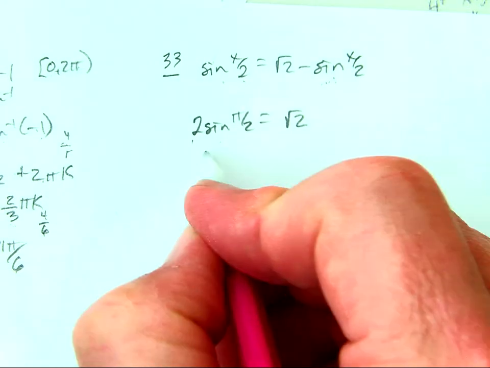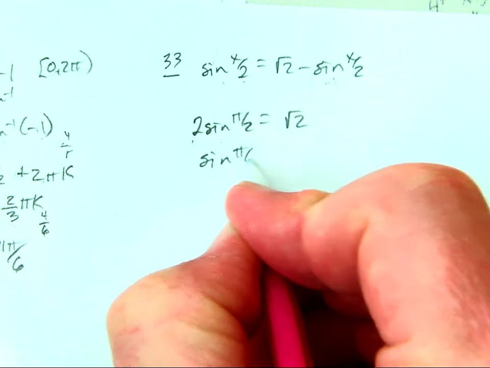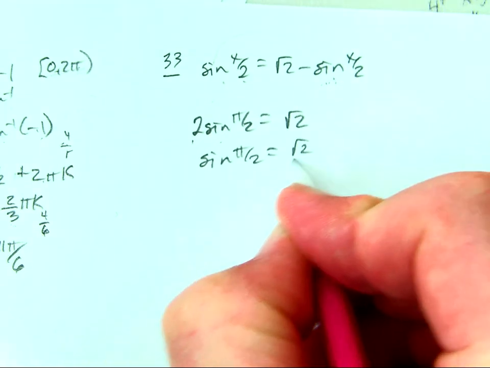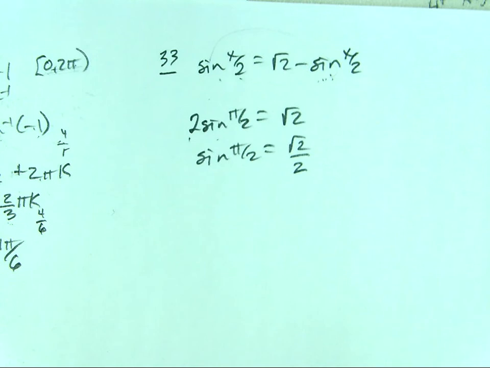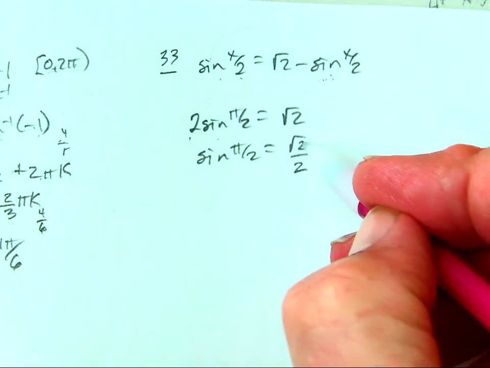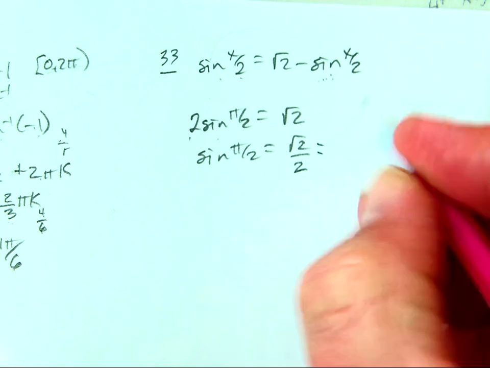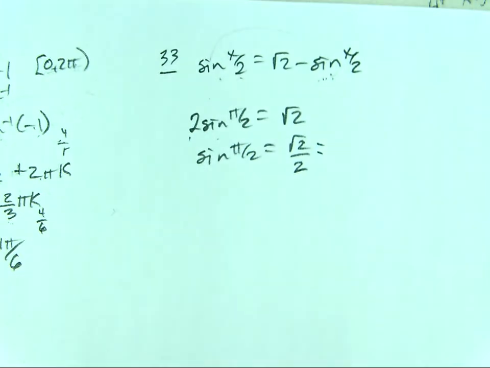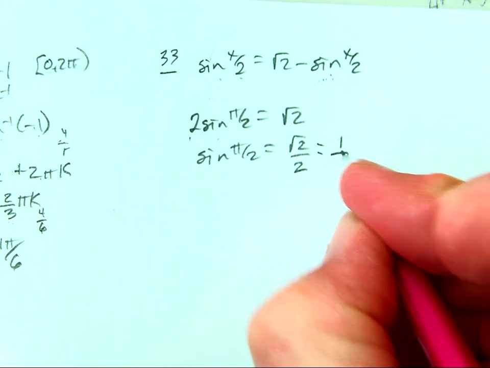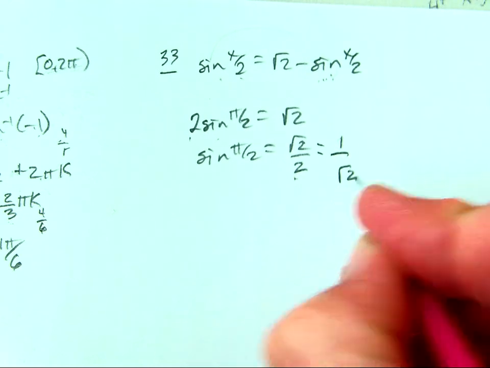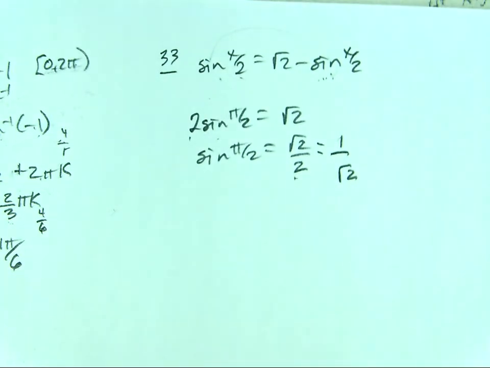If we divide both sides by 2, we get radical 2 over 2. That may not look familiar, except when these numbers match, we can divide top and bottom by radical 2. Radical 2 divided by radical 2 is 1, and 2 divided by radical 2 is radical 2. That looks a lot more familiar.